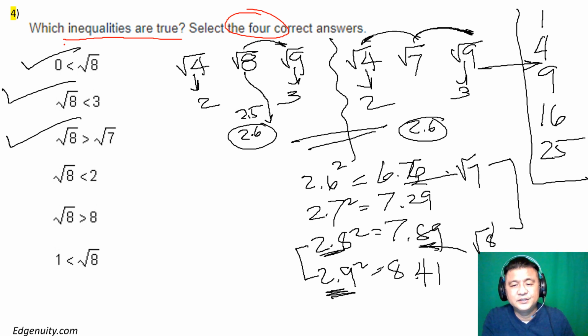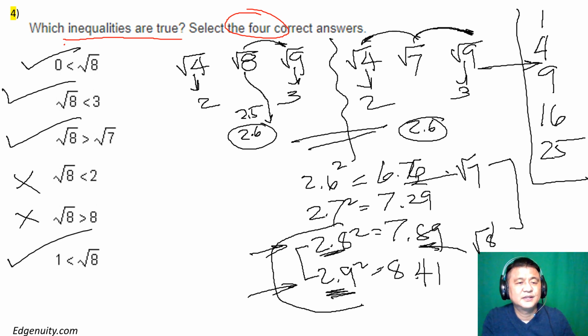No, it's greater than 2. Is square root of 8 the same as 8? No. Is 1 less than the square root of 8? Yes. Okay, so that's the correct answer. So remember, results is equal to action plus motivation. Good luck.